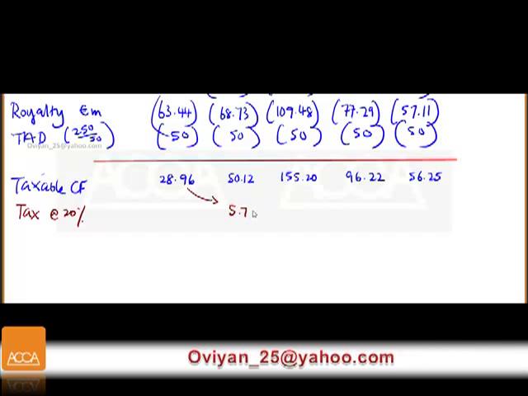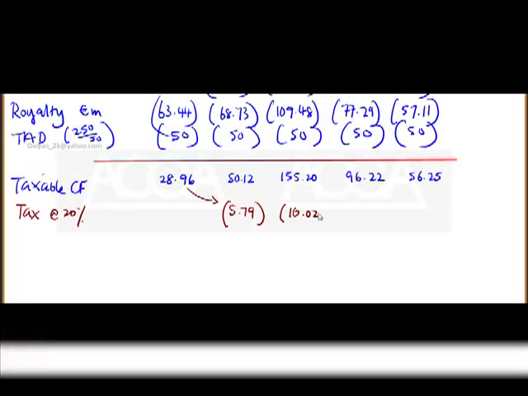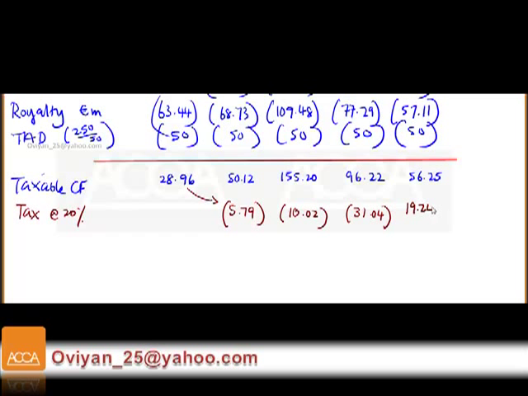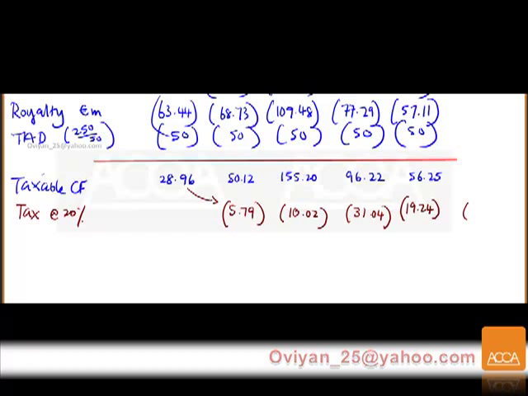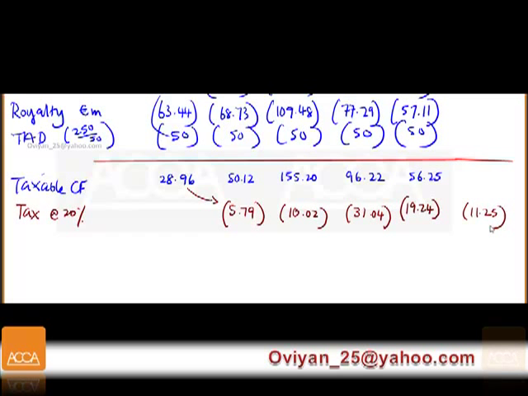Check: 5.79 in brackets, 10.02 in brackets, 31.04 in brackets, 19.24 in brackets. Following year, okay? And this is going to be 11.25 in brackets.